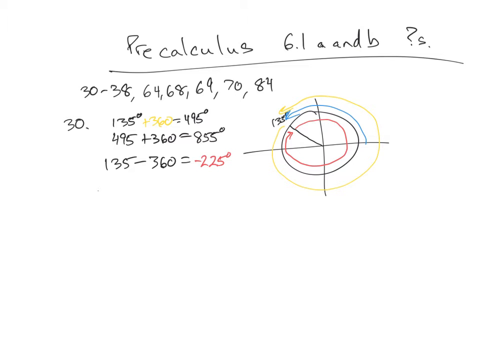And take that negative 225 degrees and subtract 360 from that. And let's see, we get negative 585.